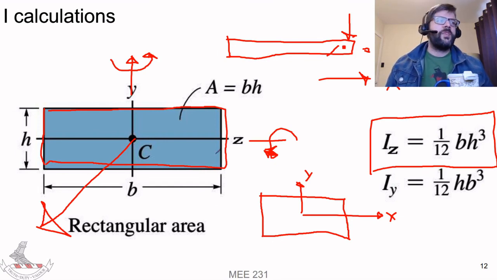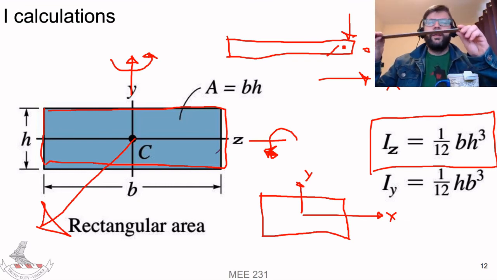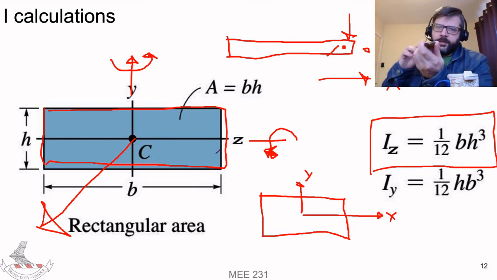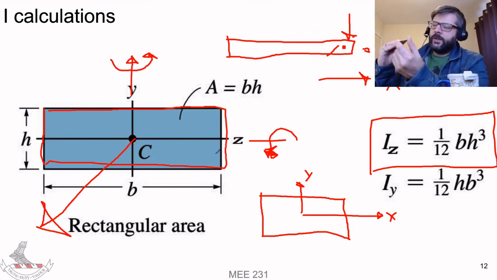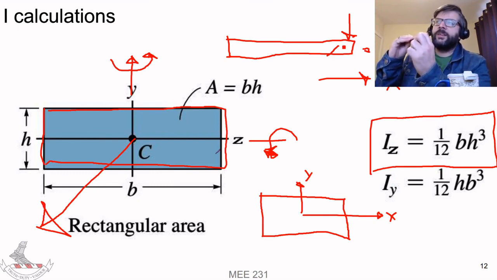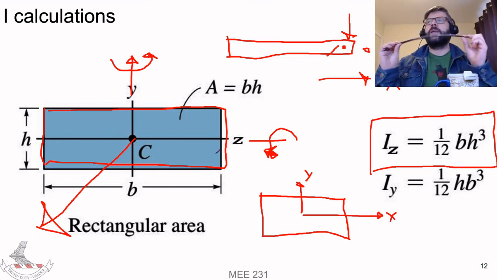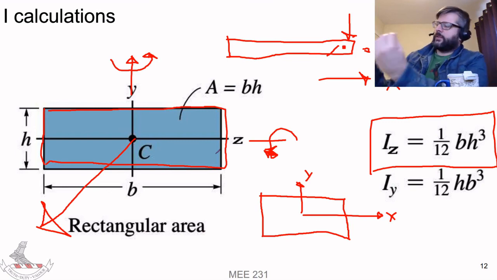So if I take this ruler here, it's relatively wide. If you look at the cross section, its base is relatively wide. Its height is not very high at all, so it is not able to resist rotation too much about this axis.